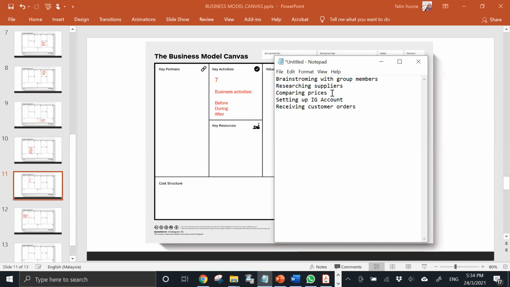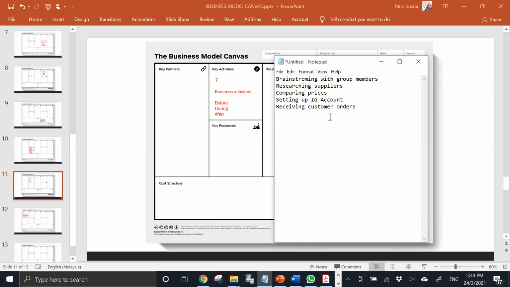For example, during: receiving customer orders, putting their personal information in the database, and then preparing the packaging, and then delivering. That is during.